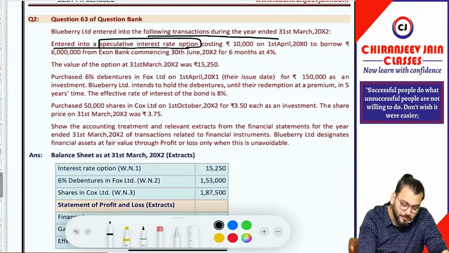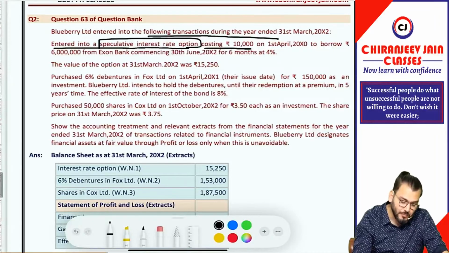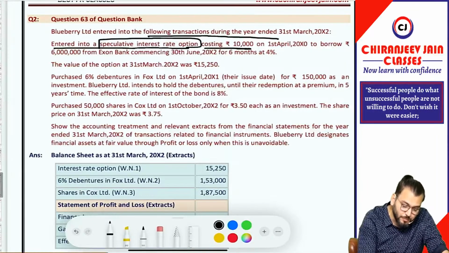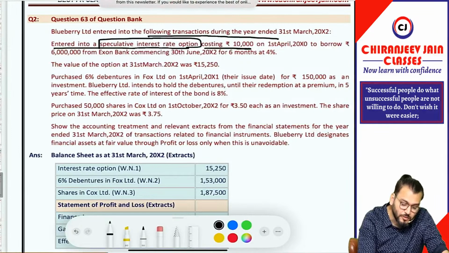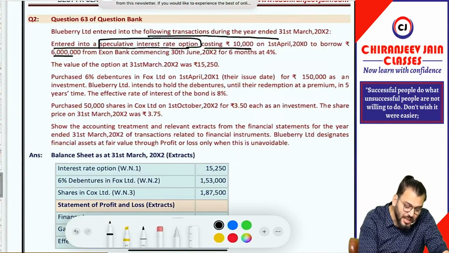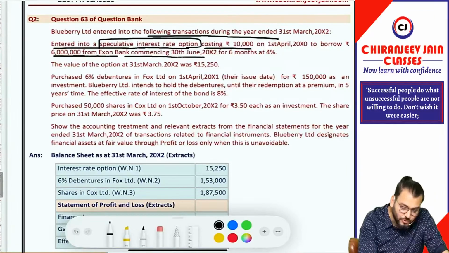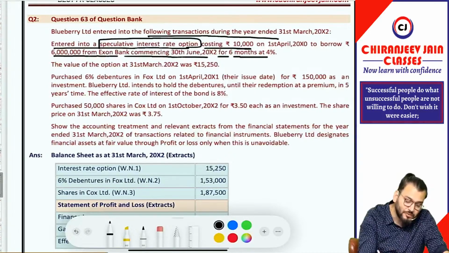So you can see they have purchased at 10,000, so initial recognition will be done at 10,000, correct? Costing rupees 10,000 on 1st April 2000 to borrow rupees 60 lakh from Exxon Bank commencing on 30th June 2002 for 6 months at 4%. So this is an interest rate swap.